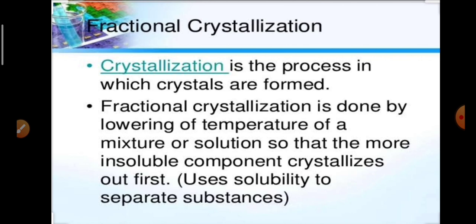This process can be done when the solubility of solid components varies in the same solvent. For example, the mixture of common salt and potassium nitrate can be separated by this method. Because the solubility of potassium nitrate in water is more than sodium chloride, on cooling, sodium chloride is left behind and potassium nitrate crystallizes.